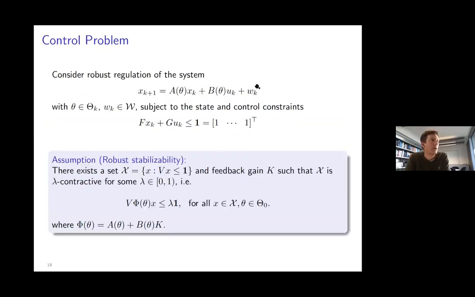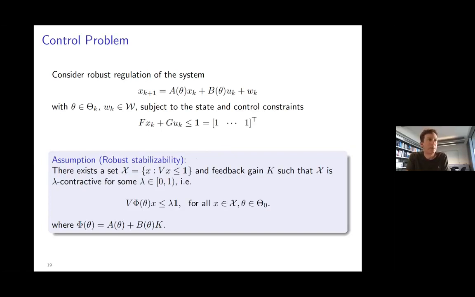So coming now to the control problem, suppose we want to regulate the system subject to some constraints. I'm going to assume these are just general state and input constraints, but I'm assuming that they are linear. And I'm going to very briefly discuss a possible robust MPC scheme which uses the point estimate and the parameter set estimate.